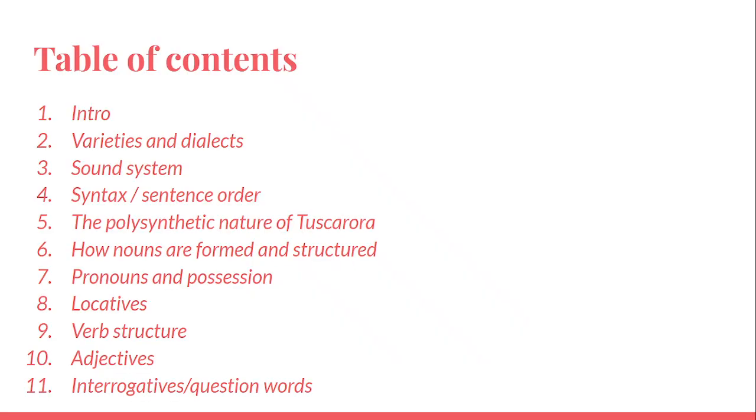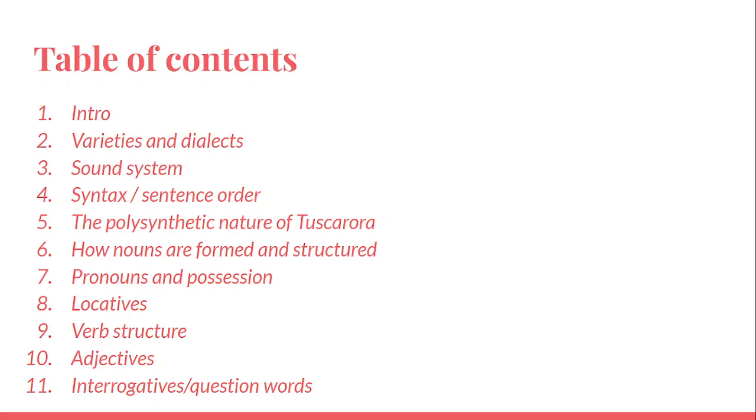So let's move on. So the table of contents here. We're going to be talking about the varieties and dialects of this language. We'll be talking about the sound system, or its phonetics. And then we'll also talk about the sentence order, which is quite free, but not as free as many languages. We'll also talk about the polysynthetic nature of the language, because it's more polysynthetic than your average native language.